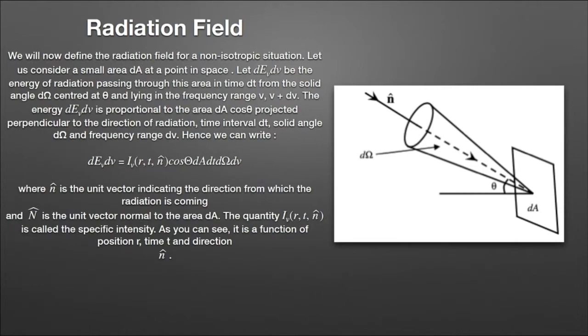This quantity I_ν, which is a function of position r, time and unit vector n̂, is called specific intensity. Next slide.